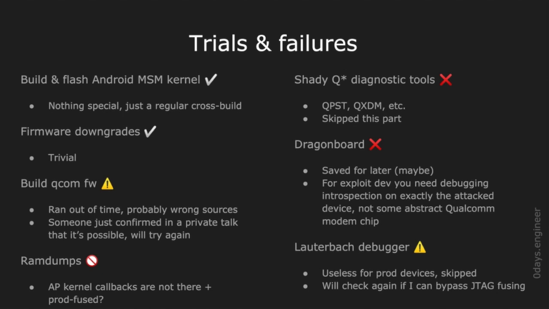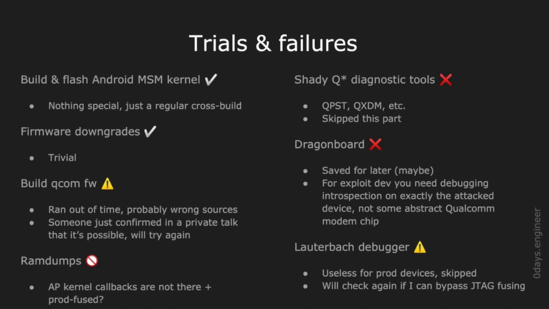Another commonly well-known offensive approach is firmware downgrades, when you take some old firmware that contains a well-known security vulnerability, flash it, and use the bug to create an exploit to achieve some additional functionality or introspection into the system. This part definitely works. Downgrades are trivial both on the entire firmware and the modem, as well as the trust zone.